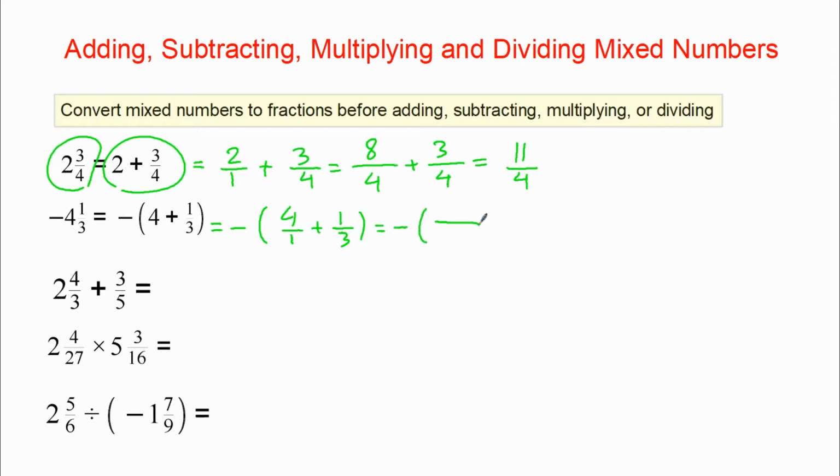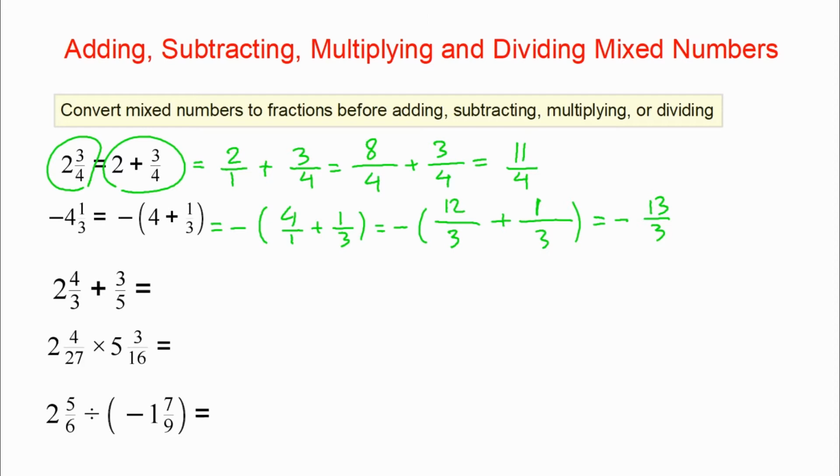The common denominator between 1 and 3 is 3. 3 divided by 1 is 3, times 4 becomes 12. And 3 divided by 3 is 1, so 1 times 1 is 1. And the final answer would be minus 13 over 3. And we have the minus there.